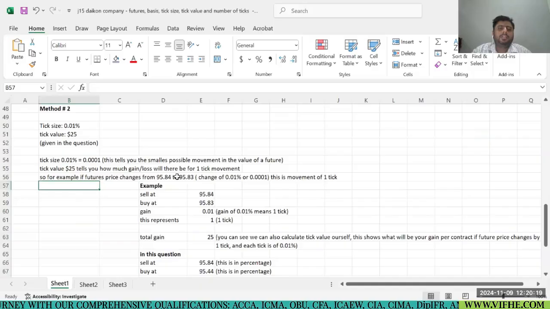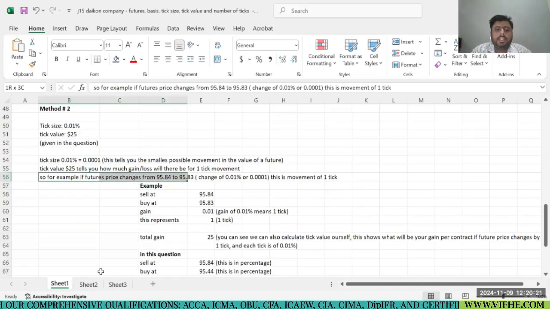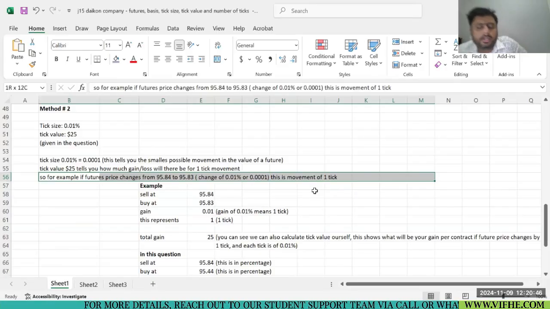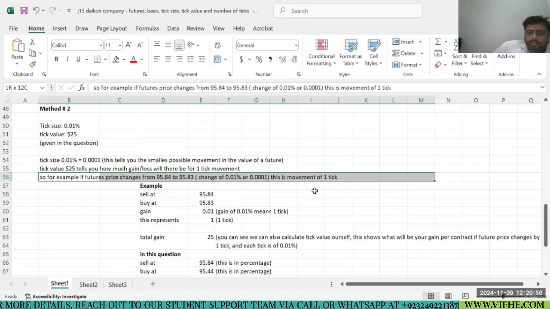So for example, if future price changes from 95.84 to 95.83, the change is 0.01%, this is movement of one tick. We call that there is a movement of one tick. If futures price moves from 95.84 to 95.83, we say that there is a movement of 0.01%, and this 0.01% movement is known as one tick. Okay.